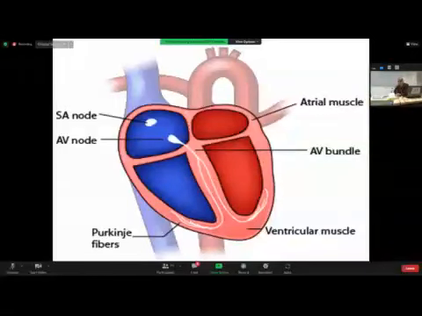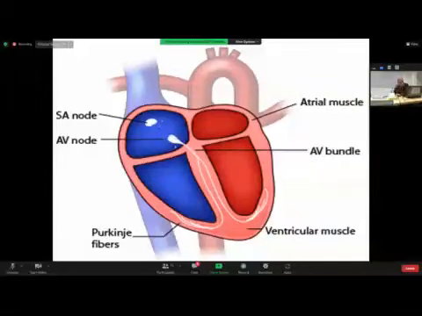This depolarization wave simultaneously spreads from the SA node through internodal pathways. I have used the word pathways. Why? Because the internodal pathways are divided into three sub pathways, which are anterior, middle, and posterior pathways. They take the impulse from the SA node, anterior, middle, and posterior, as shown in this diagram.